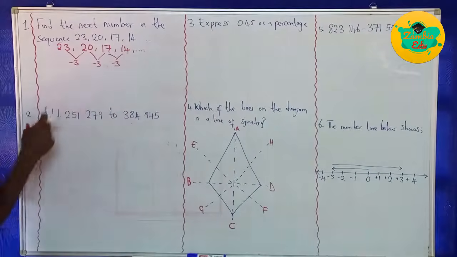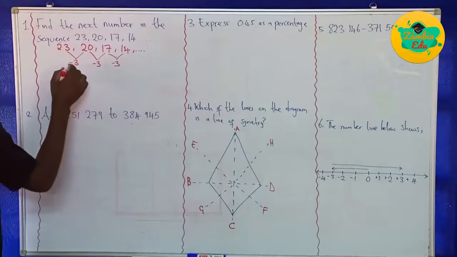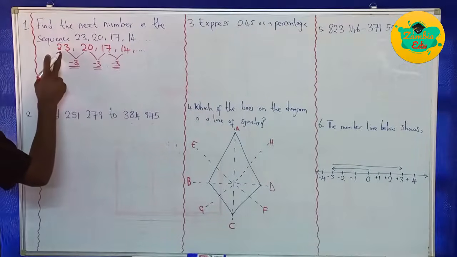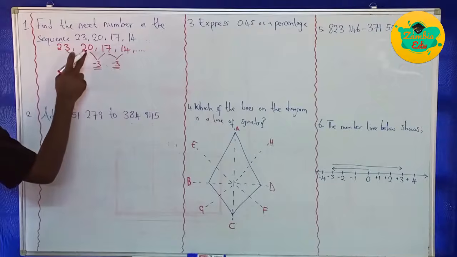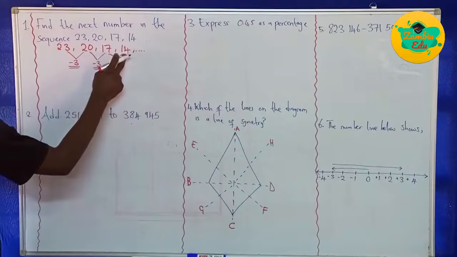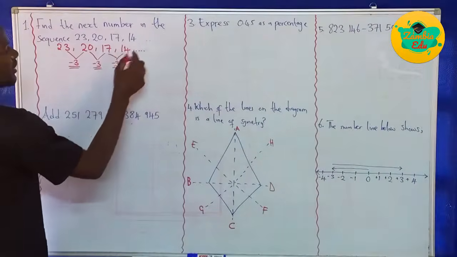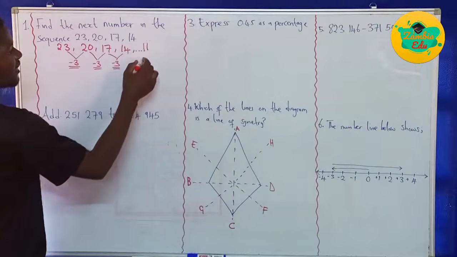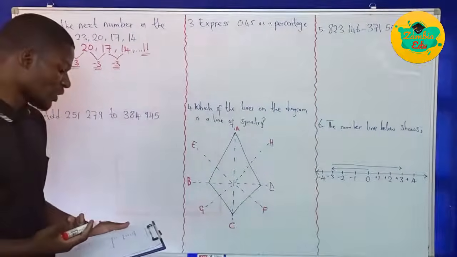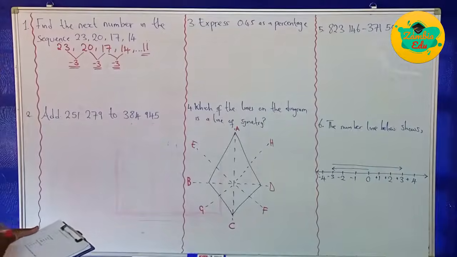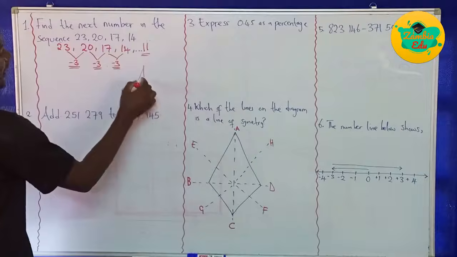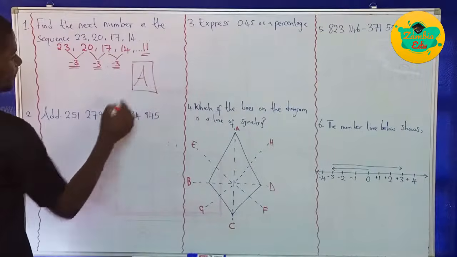So the pattern that we are following here is subtracting 3. 23 subtract 3 gives you 20, 20 subtract 3 gives you 17, 17 subtract 3 gives you 14, and 14 subtract 3 will give you 11. And so 11 is our answer. If we look at the multiple choice that we are given, 11 comes as option A. So for number 1 in the 2016 paper, the answer was A.